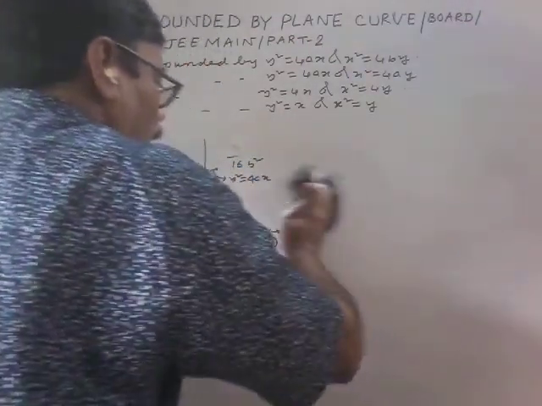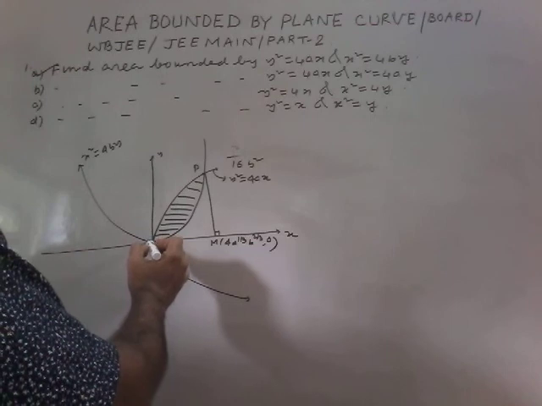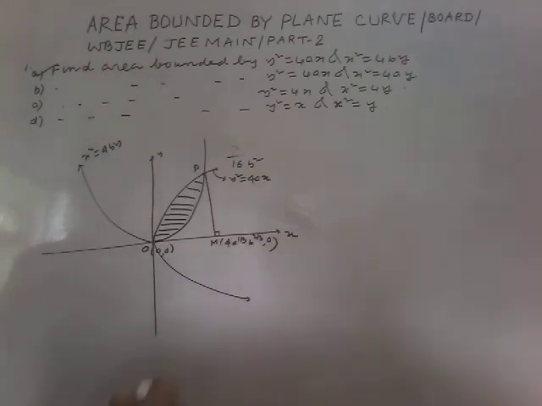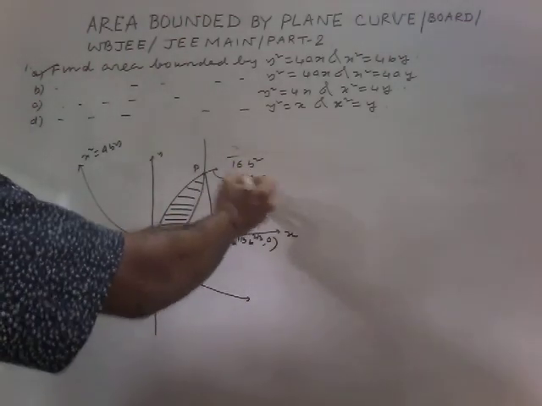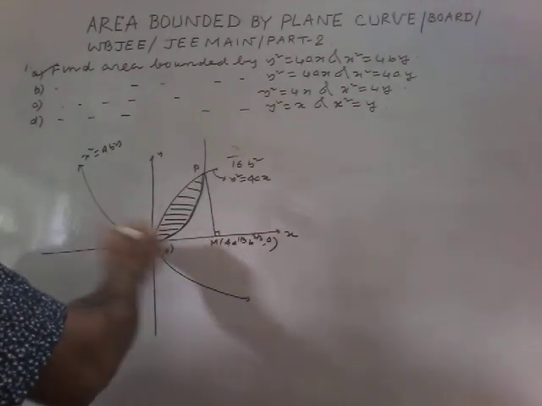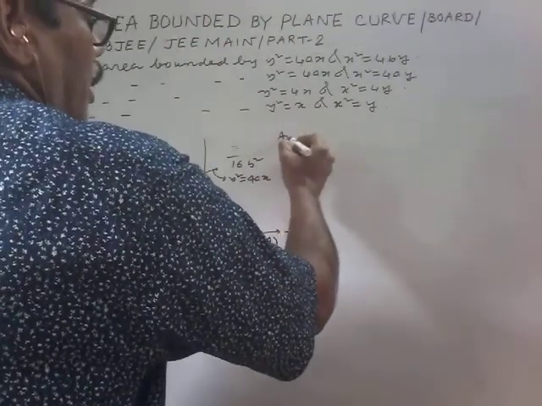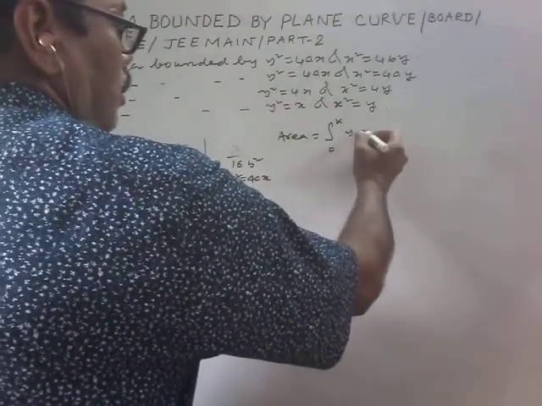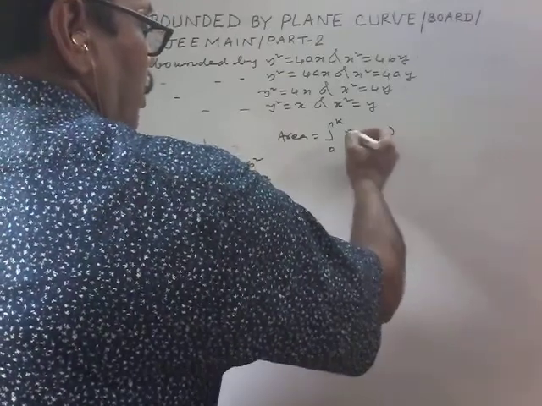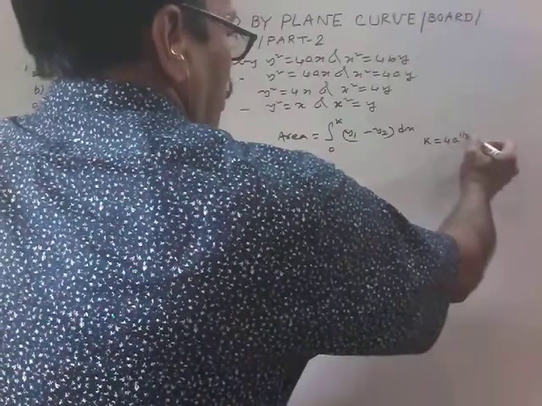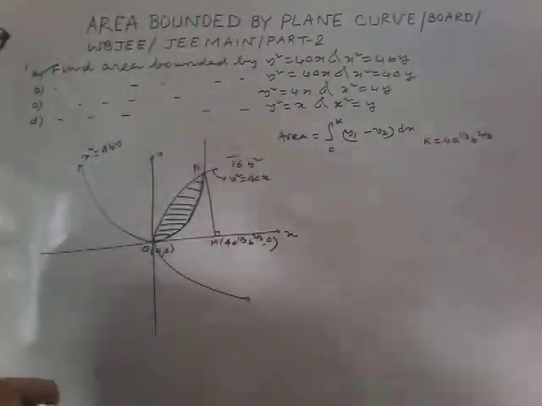Look, the area is from 0 to 4 a to the power 1 by 3, b to the power 1 by 3, the curve y square equals 4ax minus the lower curve. So the area of the shaded portion equals integral from 0 to k of (y1 minus y2) dx, where k equals 4 a to the power 1 by 3, b to the power 2 by 3.